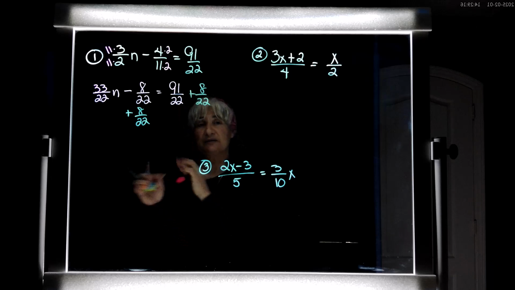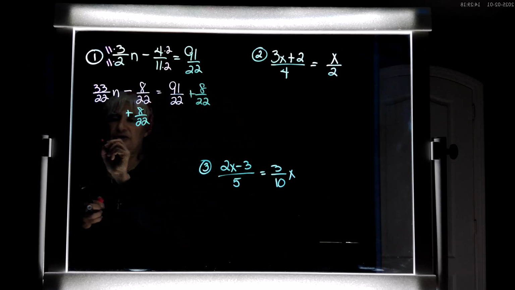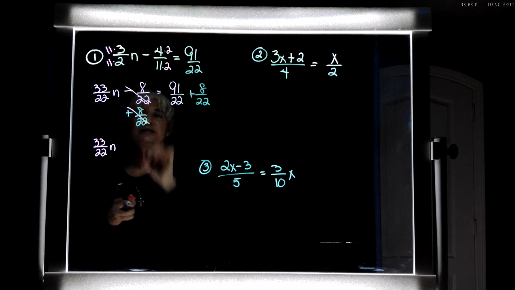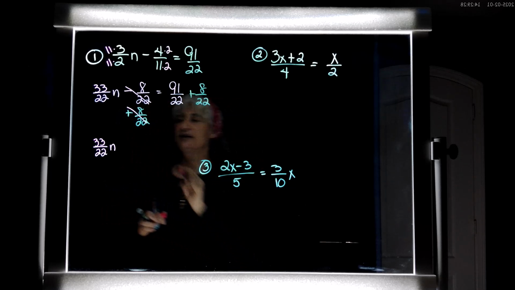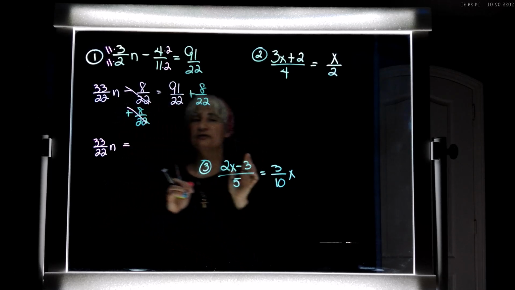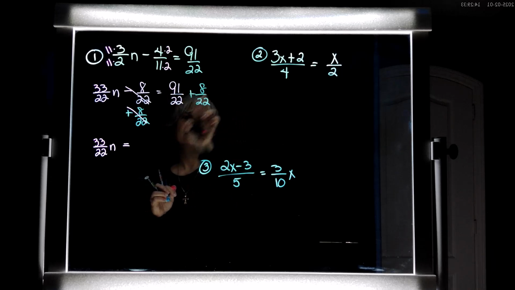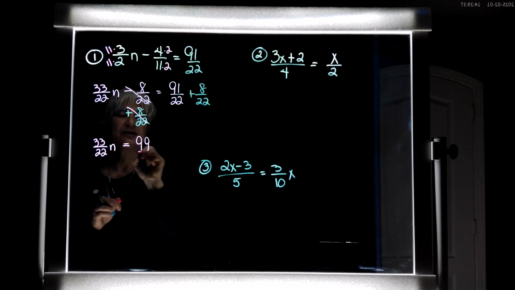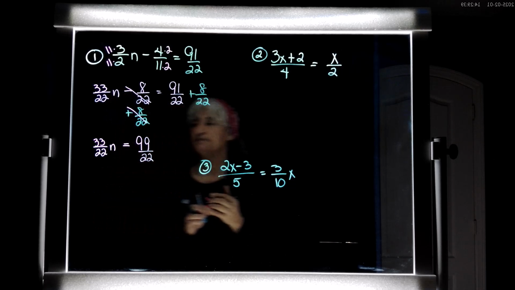So what remains on the left? Good. The 33 over 22n, because the minus 8 over 22 and the plus 8 over 22 drop themselves out, equals, yes, same denominator, I can add them. So you end up with 99 over 22.